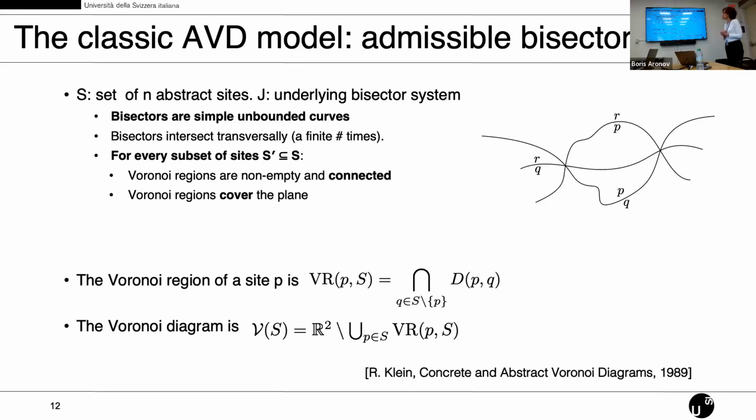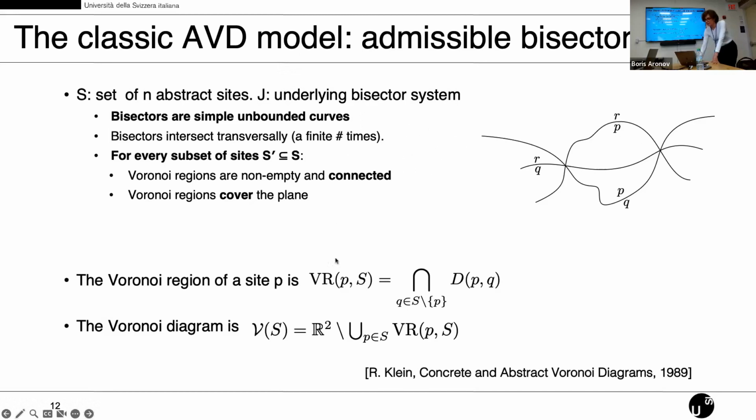And for every subset of sites, Voronoi regions are non-empty and connected, and Voronoi regions cover the plane. When all these axioms are satisfied, we call the bisector system admissible, and that's the standard AVD. Recently, there have been generalizations of this, but that's the standard.